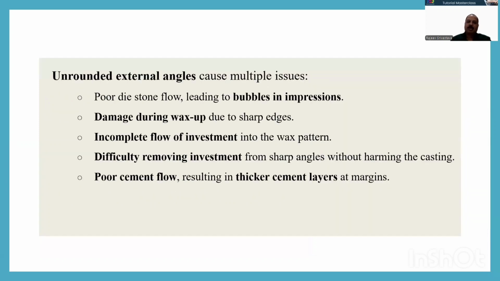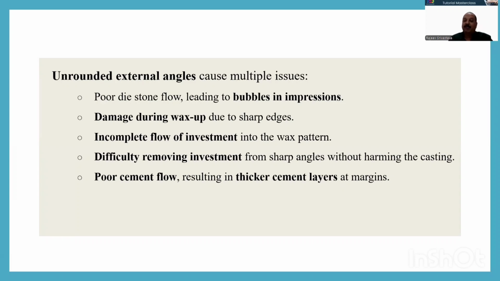Then all your external angles should be rounded off. If there are any sharp lines, what will happen? It will break during the time of model boring, or the wax will not go there, so you will have bulkiness in that place when you try to block out with the help of a spacer or something.